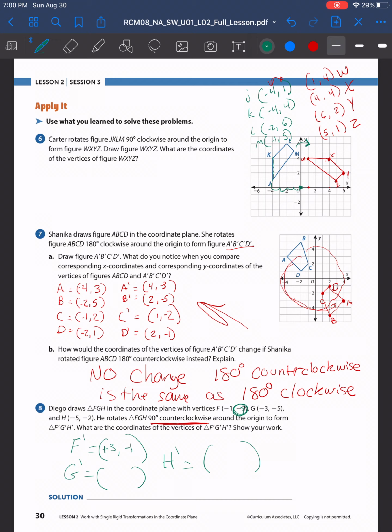Okay, so I'm going to flip G, so it would be -5, -3, but this is the y coordinate, and so it's going to change to a positive. I'm going to flip H, so this would be -2, -5. They switch places, but this is the y coordinate originally, which means it's going to change into its opposite. Hooray! That's all we do.